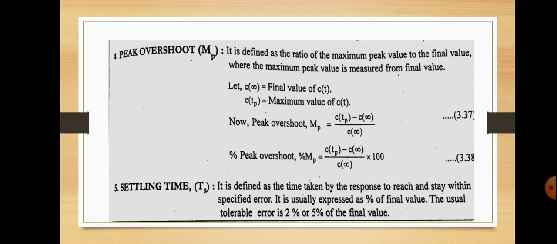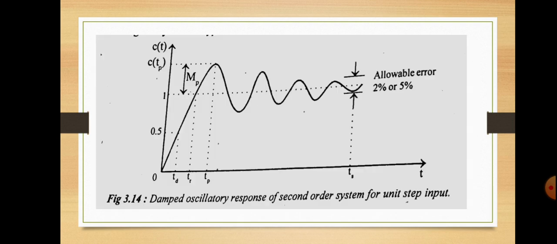And next is the settling time, Ts. It is defined as the time taken by the response to reach and stay within a specified error, and it is usually expressed as a percentage of the final value, and the usual tolerable error is 2% or 5% of the final value. You can see that settling time is marked here, and it corresponds to a value with allowable error 2% or 5%. That means at the settling time the response will settle to a particular value.